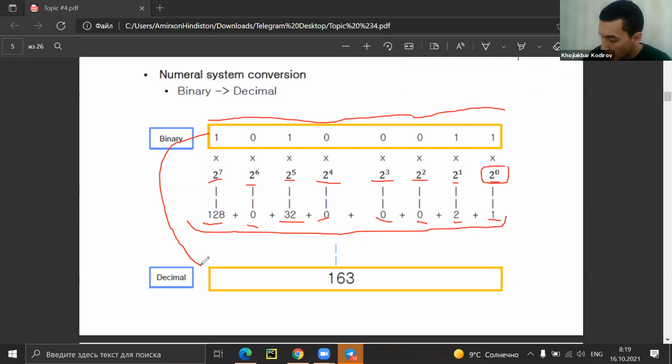Then, guys, I will give you a number. You should take the representation of it in binary and turn it into decimal. So in the chat, I'm writing a number. Can you turn it into a decimal number? Just a moment.